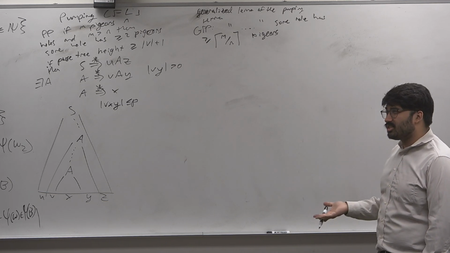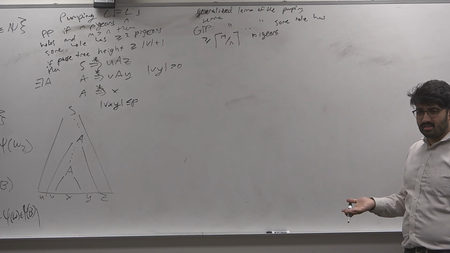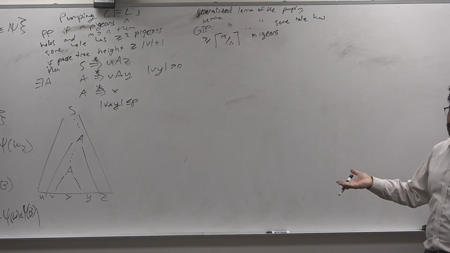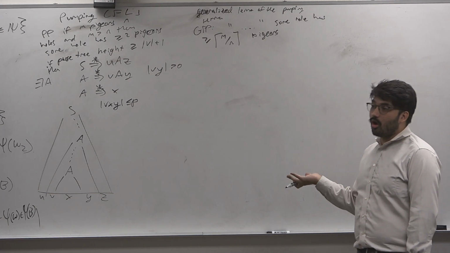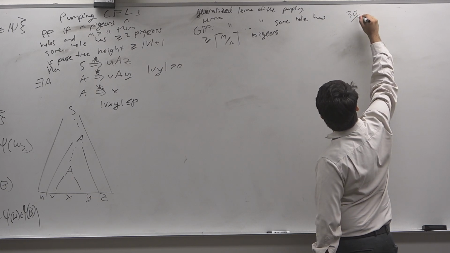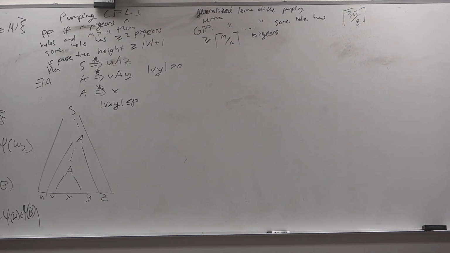The generalized pigeonhole principle will tell you what 30 divided by 8 is, and the ceiling of that is going to be 4. Some hole must have 4 pigeons in it, right? It tells you something stronger. There's simply too many pigeons. The way to think of it is if you were to uniformly distribute them, there's still too many. You would have to put 3 in each, and then the last ones would have to go in a hole and make a 4th one, if you think of it in the worst case.